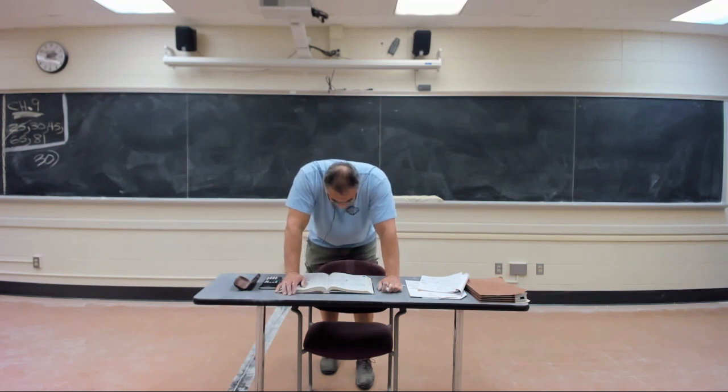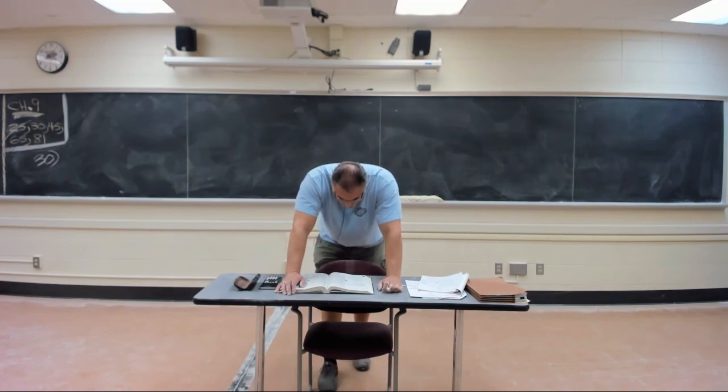For problem number 30, that's a neat problem. A particle moves in the xy plane from the origin to a point having coordinates x equals 7 meters and y equals 4 meters, under the influence of a force given by F vector equals 3y squared i hat plus x j hat. A, what is the work done on the particle by the force if it moves along path 1?